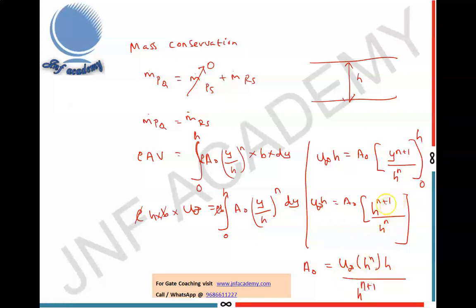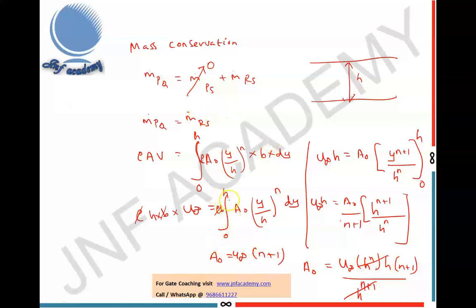In the integral, we also missed out on one thing, right? There will be h power n plus 1 divided by n plus 1, right? Yes. So that n plus 1 will be coming here. So now if you cancel h power n plus 1 and this entire term will go out, right? H power n into h will become h. So your a naught will finally become u infinity into n plus 1, which will be the answer.